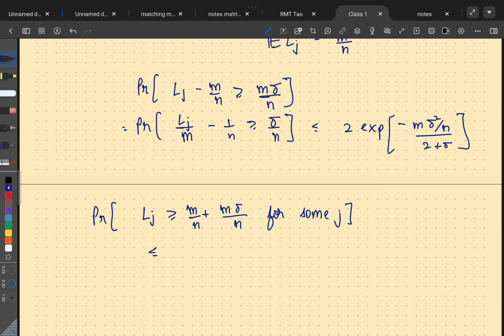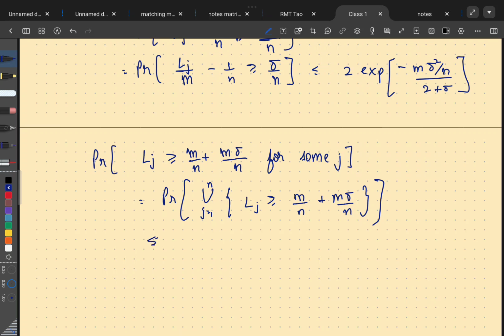Now I can use the union bound on this, because this is just the probability of the union over j equal to 1 to n of Lj greater than or equal to m by n plus m delta by n.